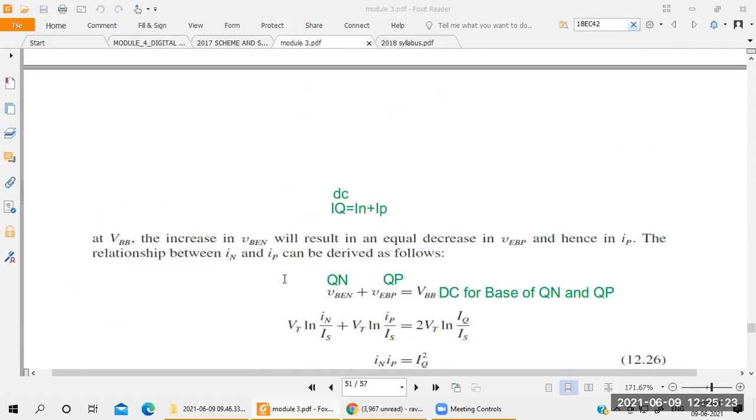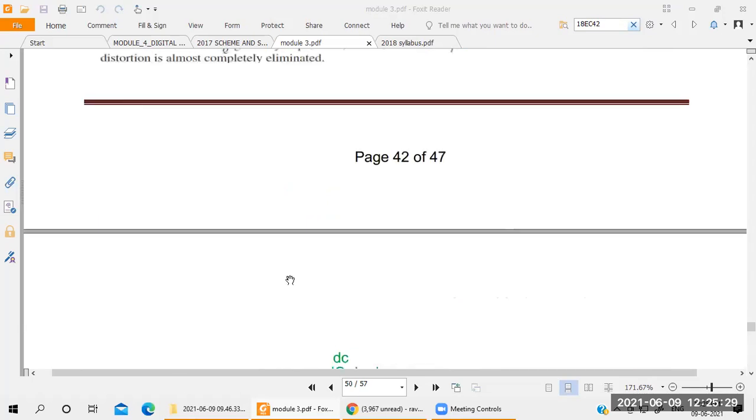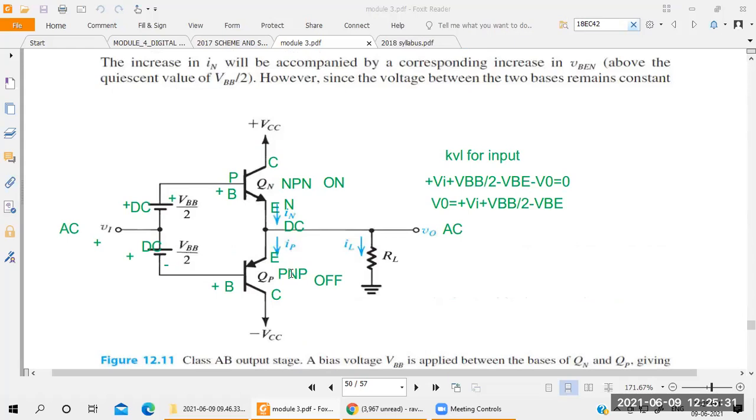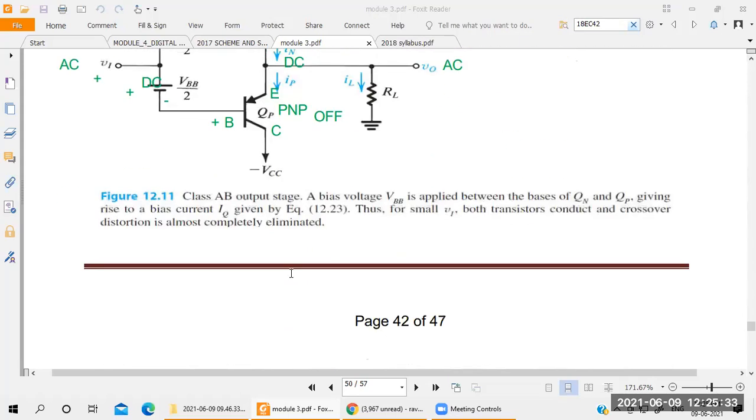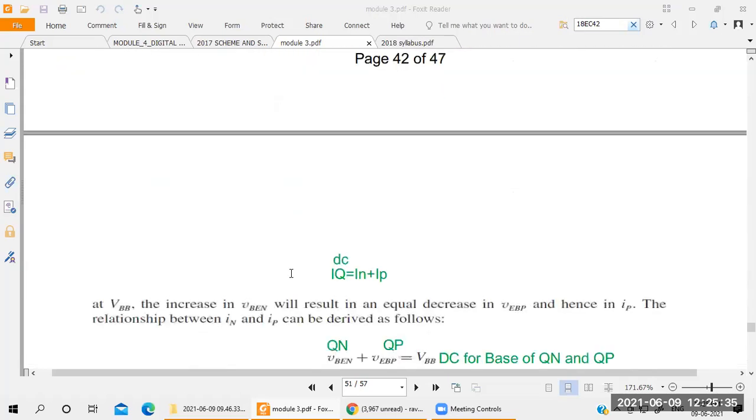Same thing we can take now for the PNP also. For the PNP also we can write the equation here. Here they have taken equal voltage for the PNP and NPN. So for that, we get a VBP voltage for the IP and VBN for the IN.